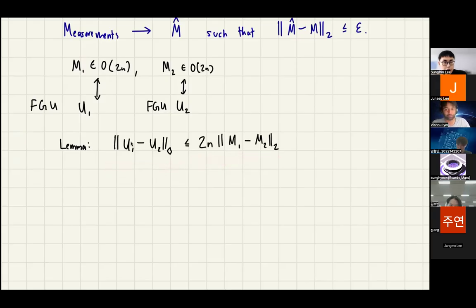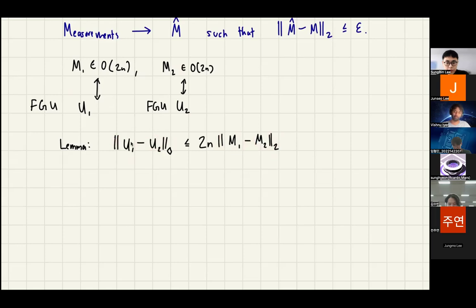Does this make sense? All I'm saying is that the distance between the unitaries is proportional to the distance between the orthogonal matrices. This matrix tells you everything about this one, and this matrix tells you everything about this one. So if the matrices are close, then the unitaries are close.